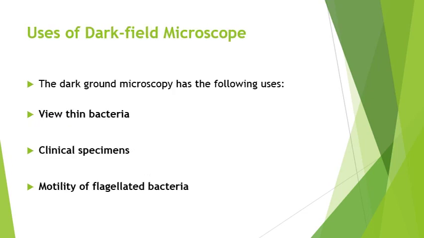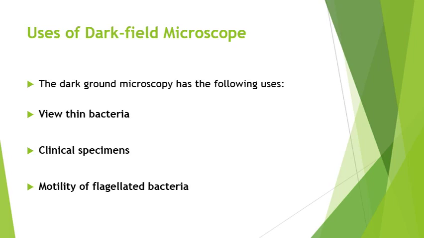So here we have different uses of the dark field microscope. Basically, we use it to view bacteria or stained bacteria, and it is also very useful for clinical purposes. Different types of bacteria that cause disease can be viewed through this microscope.